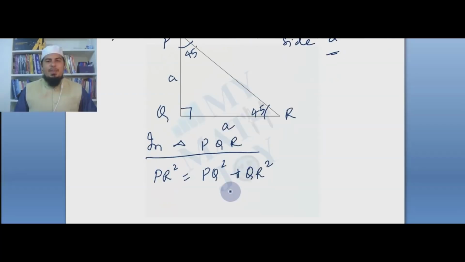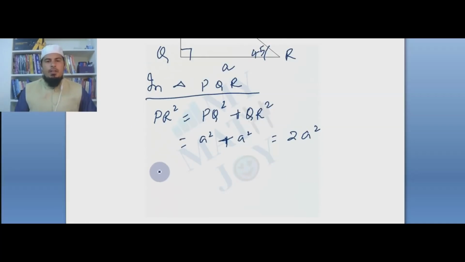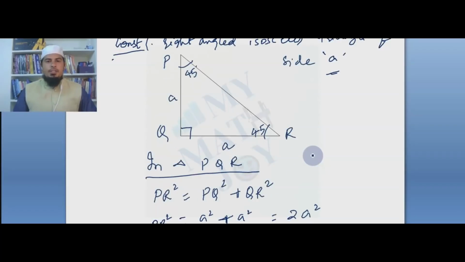So PR square is equal to a square plus a square, which is 2a square. Now PR will be under root 2a square, that is root 2 a. Let us substitute here, root 2 a.